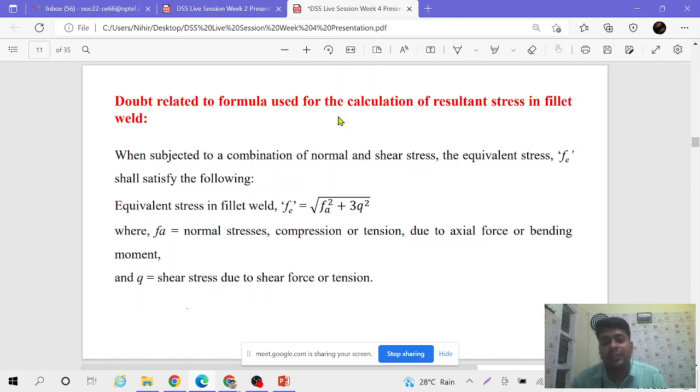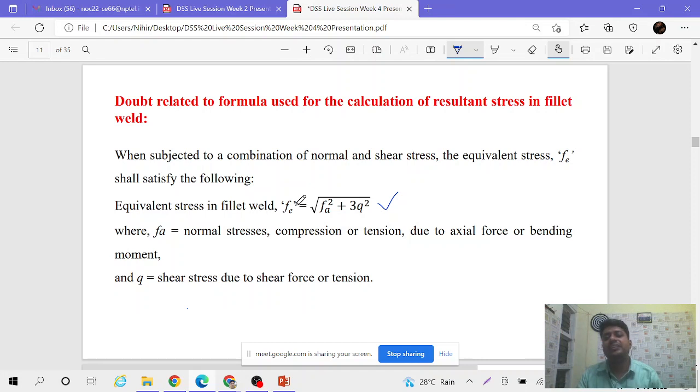In lecture number 12 sir is using this formula, isn't it? In lecture number 12 sir is calculating equivalent stress. Somebody else asked this question, and that doubt was arising in my mind also. No, not for the groove weld.